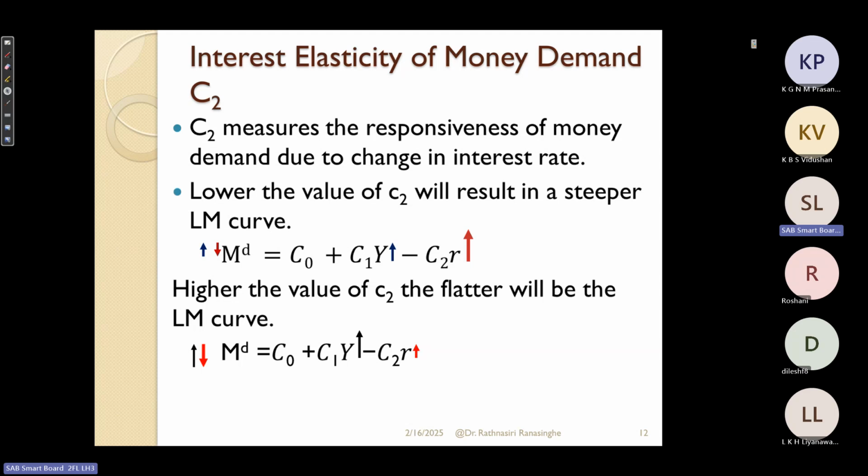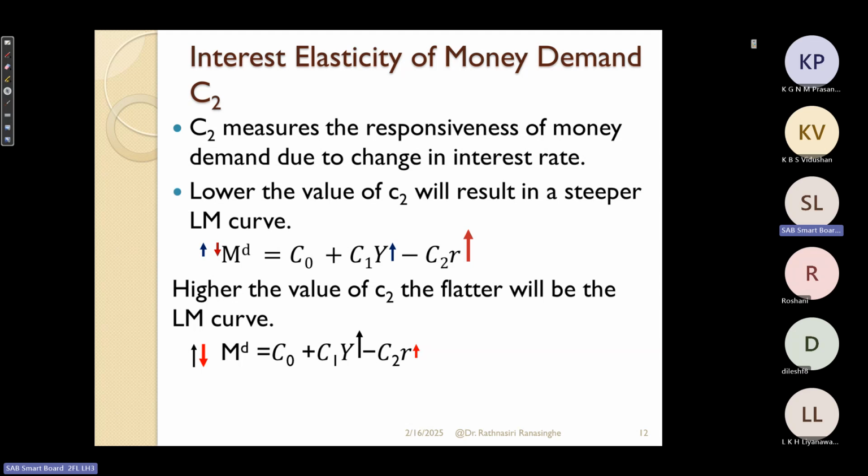So the lower value of C2 means a lower interest elasticity of money demand. There are different words used. This is money demand, the interest elasticity of money demand. If C2 is low, we get a steeper LM curve. If the C2 is high, we get a flatter one.